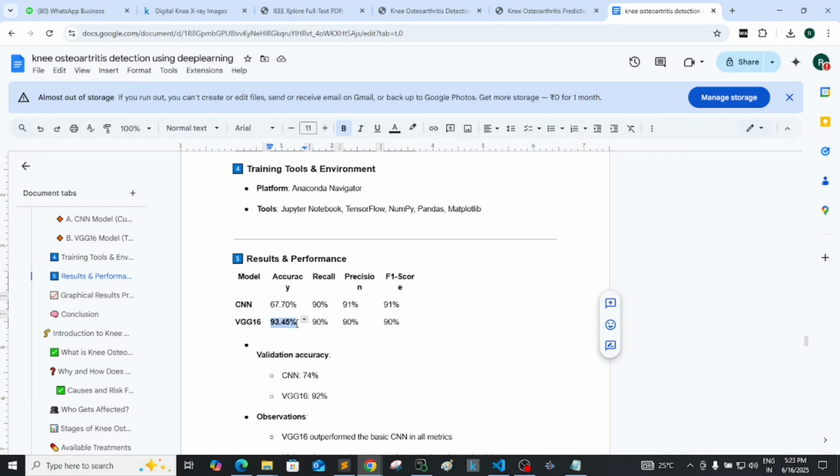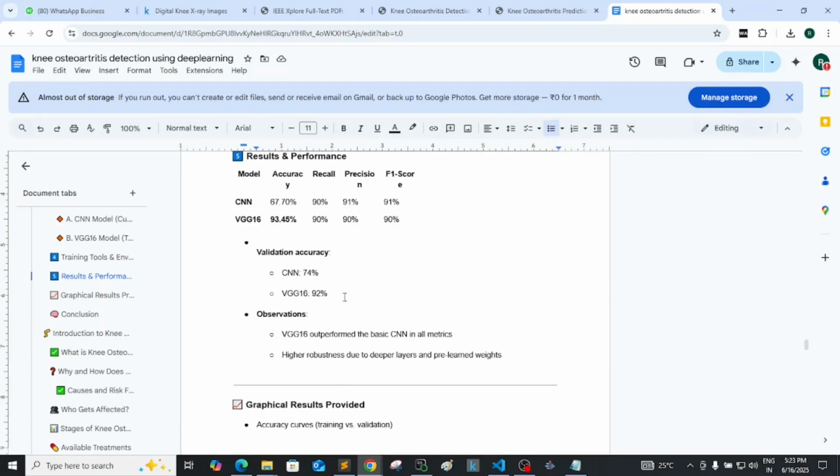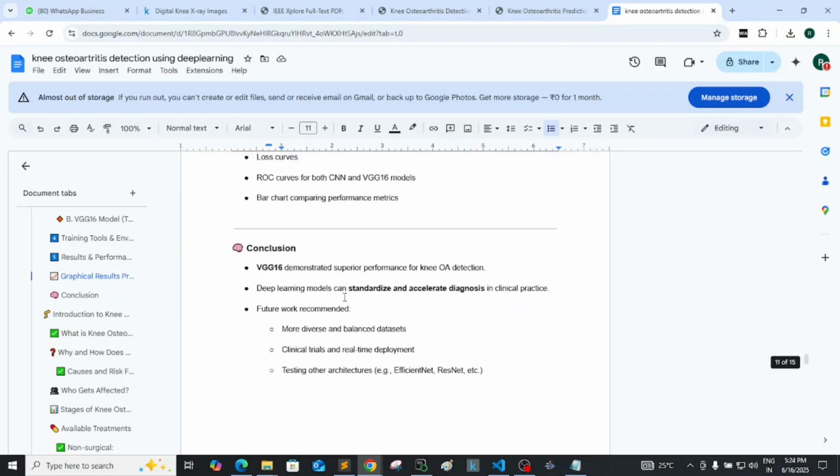For 2 classes, even 93 is very low, because the first paper was getting more than this for only 2 classes. Yes or no, like whether it is disease or non-disease. Validation is 92% accuracy. When we go with multi-class, we are getting 93 point something validation accuracy with our models.